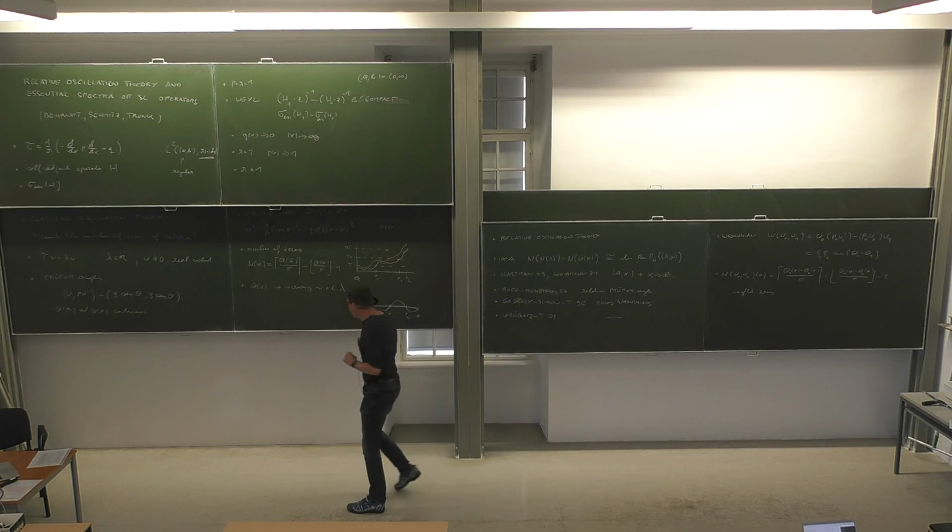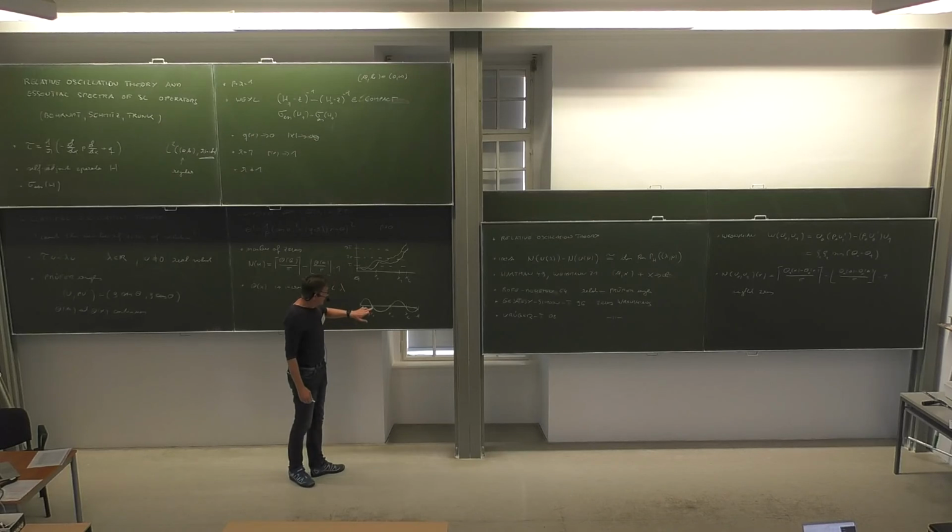And the idea of proving this is by again looking at this picture right here. So first of all, it suffices because you have an equivalence relation and some kind of triangle inequality. You just can, when you make the comparison, reduce this to the situation where you have the same operator with different parameters and different operators with same parameters. And the interesting part will be the one where you have one operator with different parameters.